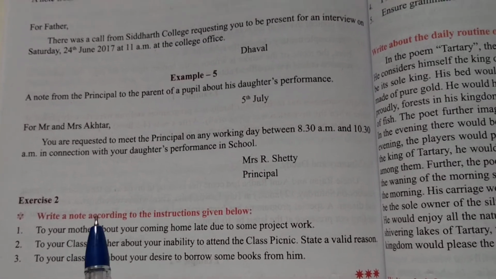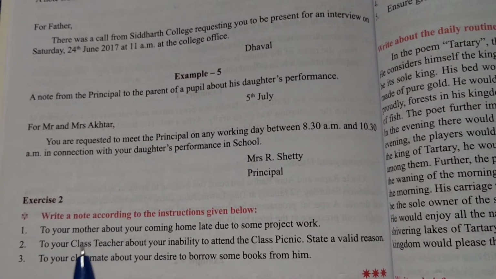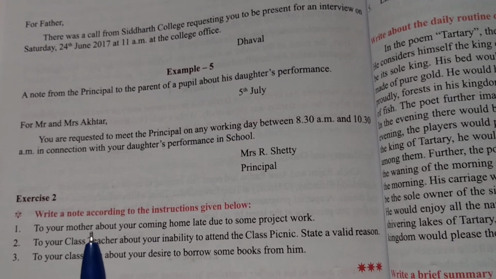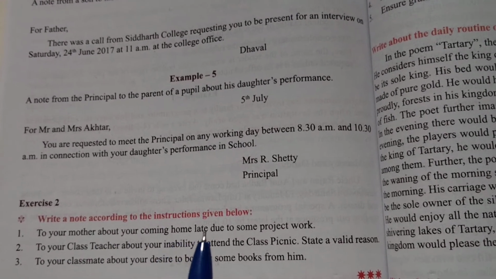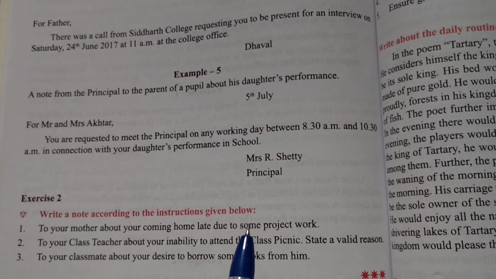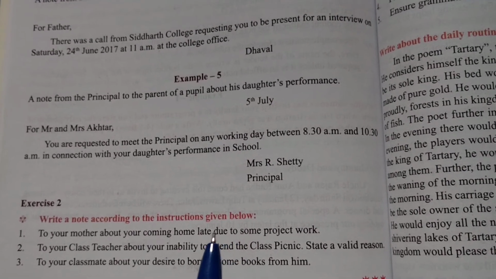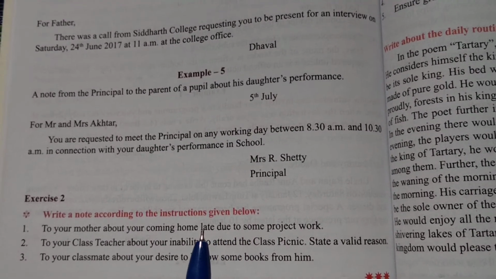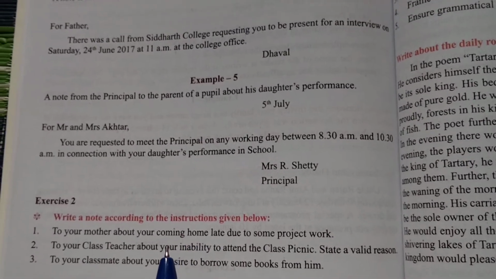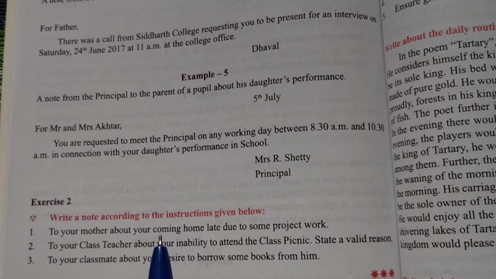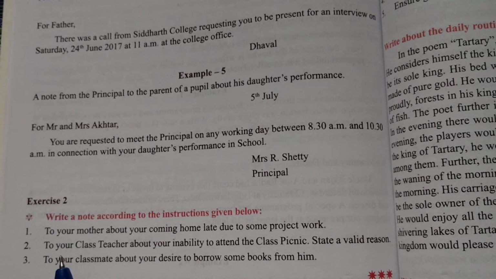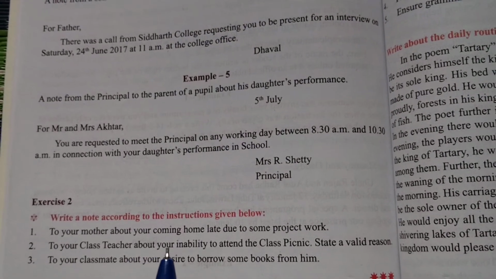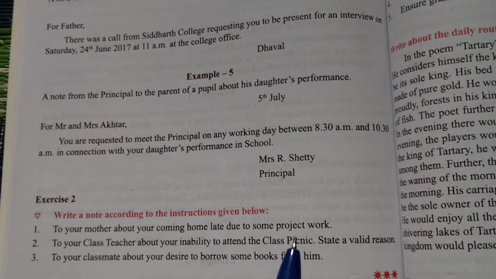First write this once, then the exercise. A note to your mother about your coming late due to some project work. You have been given some project work, so you will be going to your friend's house to complete it. So write this note in brief. Then a note to your class teacher about your inability to attend the class picnic.